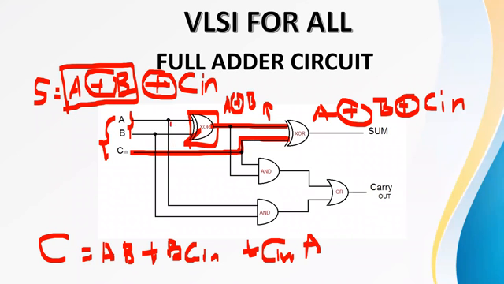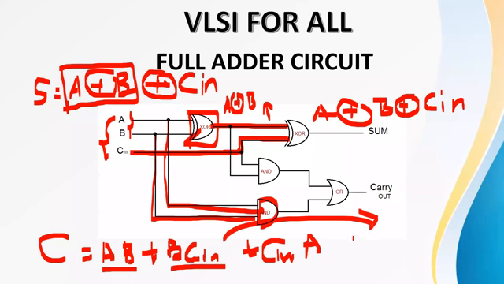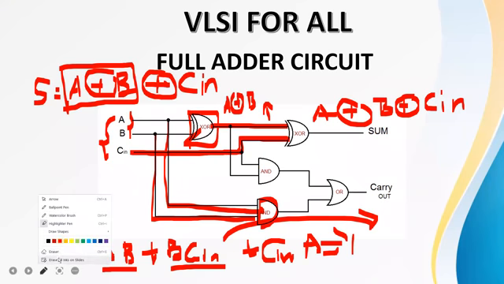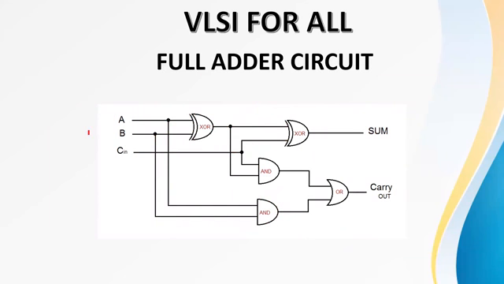Okay, let's start with AB. This A they have taken, and this B they have taken. They have ANDed them because we have an AND operation between these two, A and B. Coming to B and C. We can also write this another way, so I'll write my own circuit.